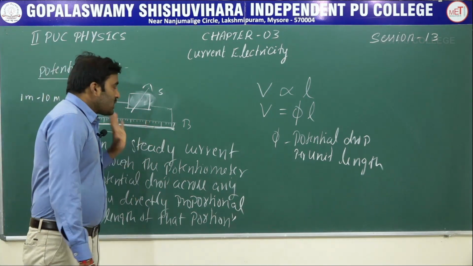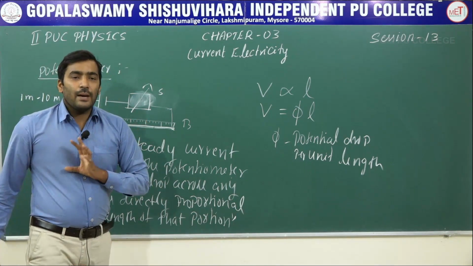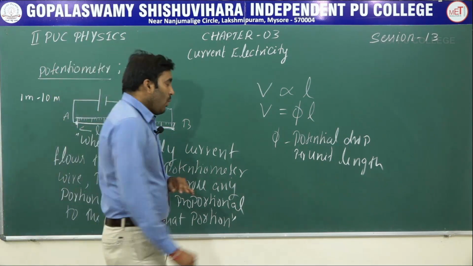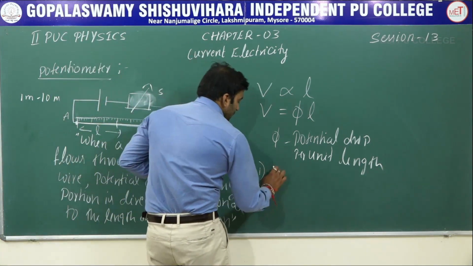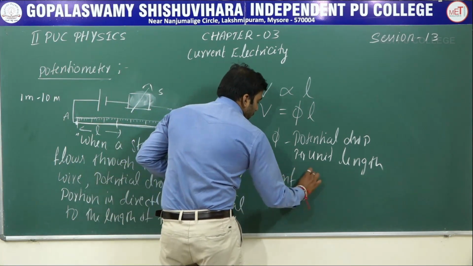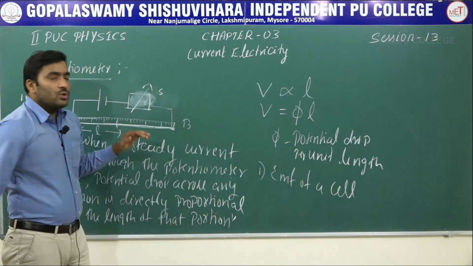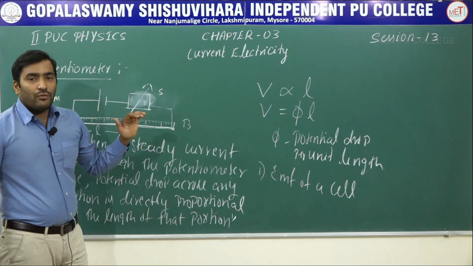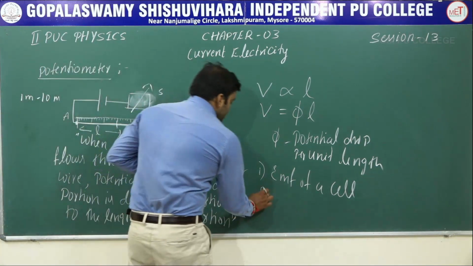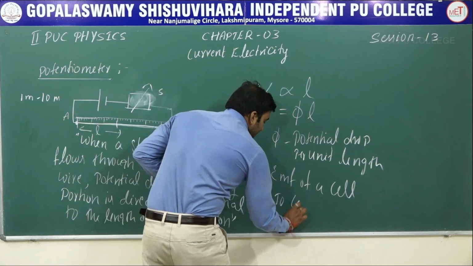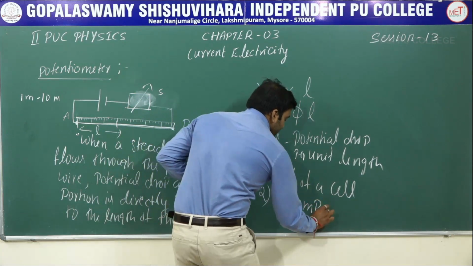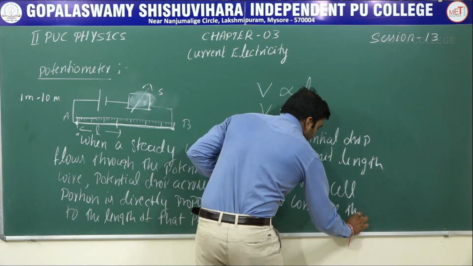If you look at the applications of potentiometer, there are three main applications. One is to find the EMF of a cell. Next, to compare the EMFs of two cells.